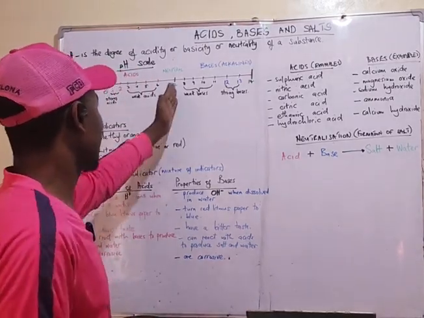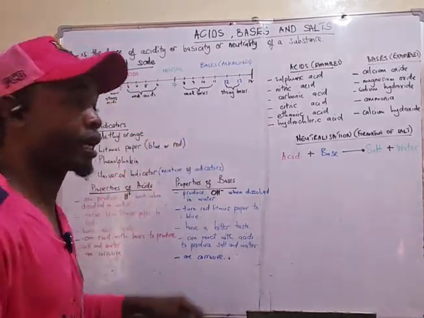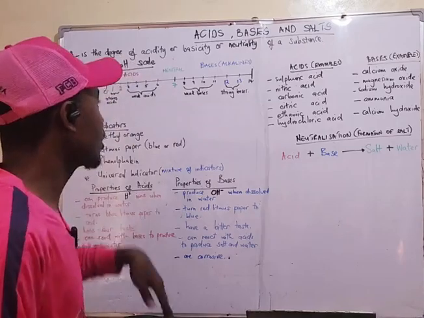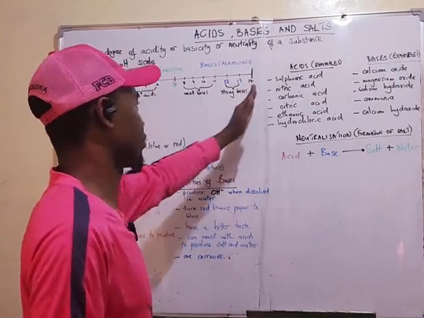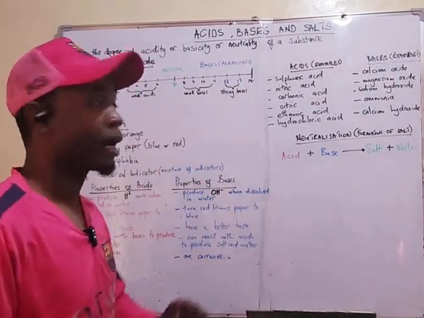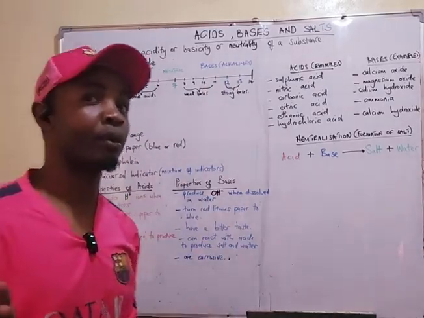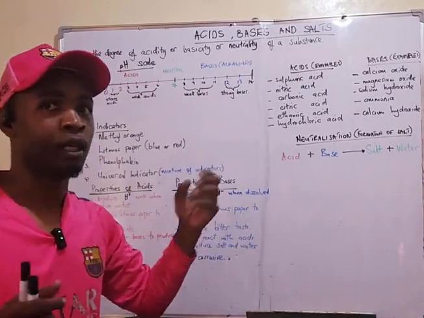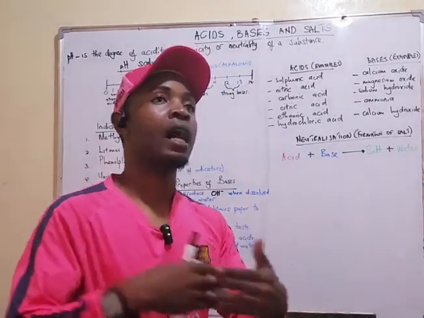From 0 to 7, these are the acids. Between 7 and 14, we have the bases, or we can call them the alkalines. But here is the point regarding bases and alkalines: the alkalines are a special type of base.